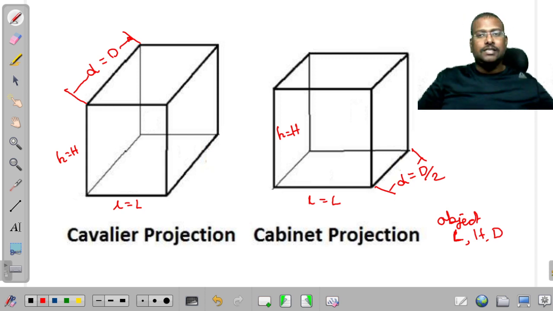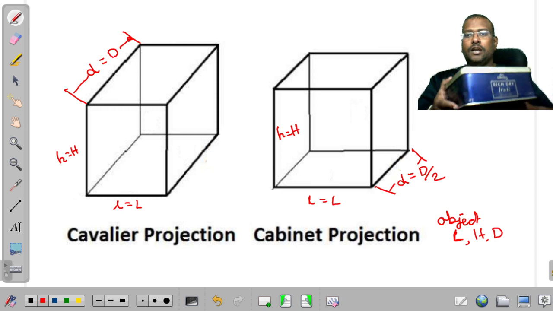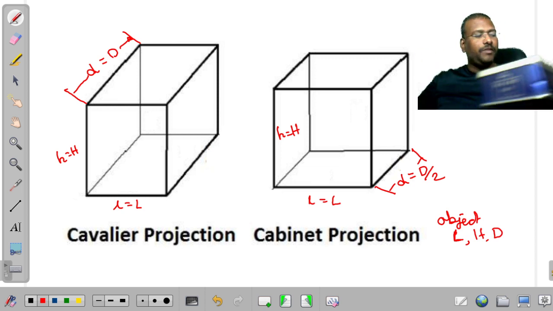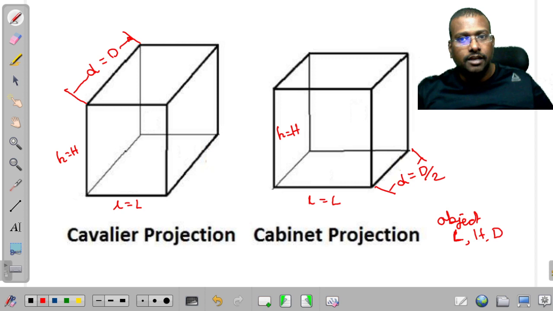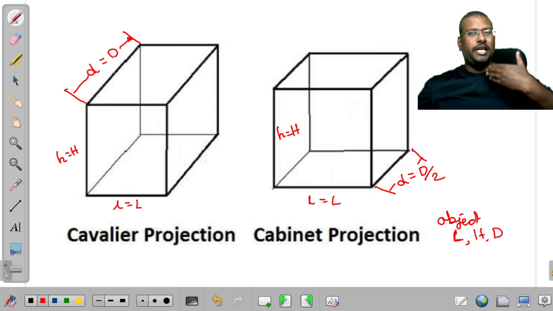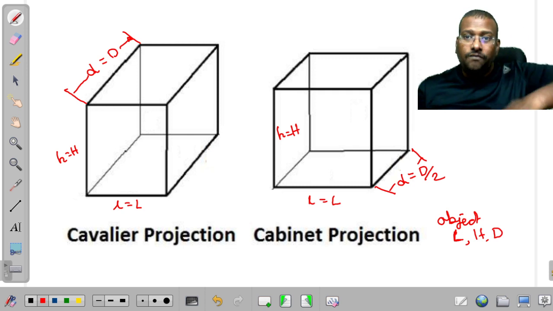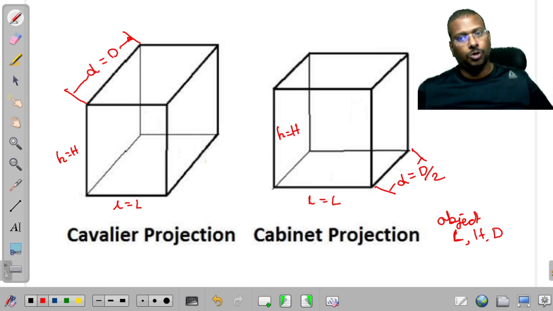If it is simply like a box, where length, height and breadth are more or less equal to each other, or with very small variation, in such cases we use Cavalier projection. If the depth of the object is huge and there is no significant information in the depth, we go ahead with cabinet projection.